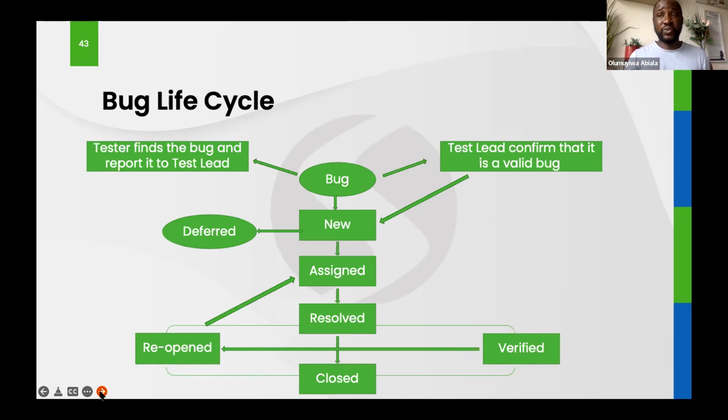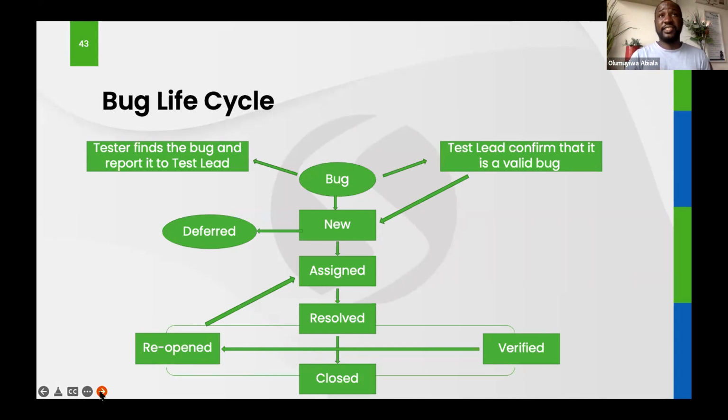In an environment where they have a defect management tool, or where they don't, you can write it in your Excel sheet or your Word doc, whichever means, or some organizations have inbuilt tools. What you normally do is you raise your defects, you start writing them out, you assign it to whoever the development team are. If you have a developer that you normally talk to, or the person that developed the application, you assign it to that developer.